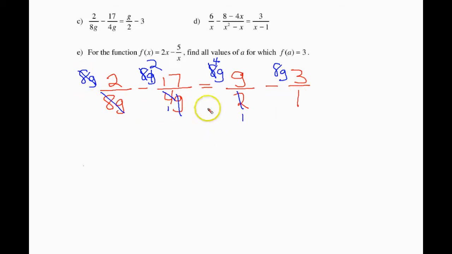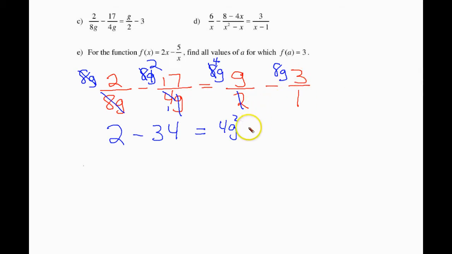Now, we don't have fractions anymore, but we have to multiply through. So this will be 2 minus 34 equals, now 4g times g is 4g squared, and I better take that 1 out of there so we don't get confused.